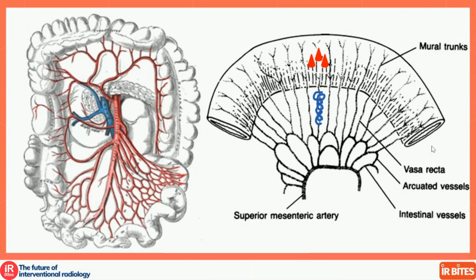But again, that's not a problem, because what we can see here is that you've got these tiny branches of all these mural trunks that come in. So you just don't seem to cause ischemia. However, if you were to embolize further back, then you could potentially take out a whole section of bowel, because you would have taken out all of that supply. So these are the two ways that you can do this.